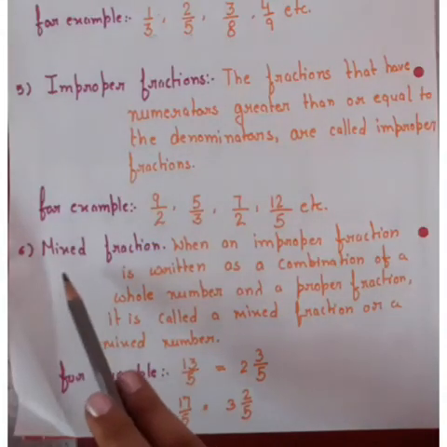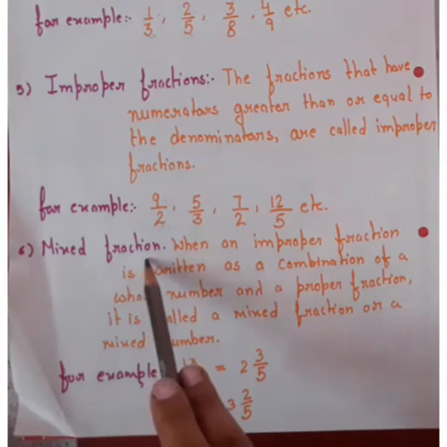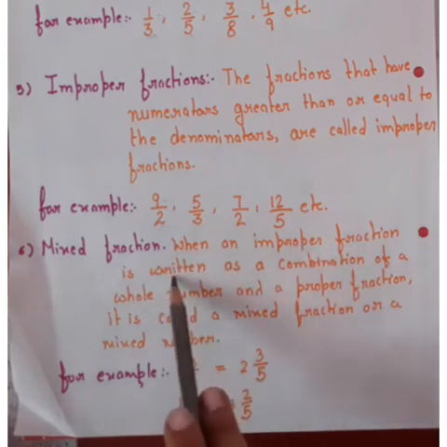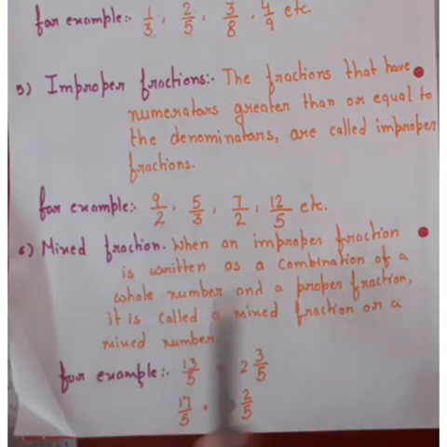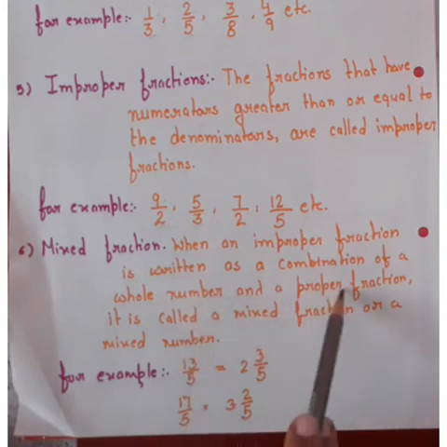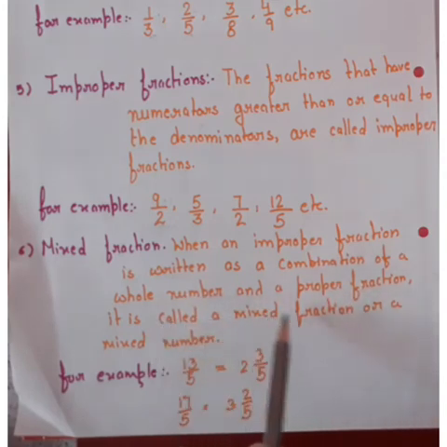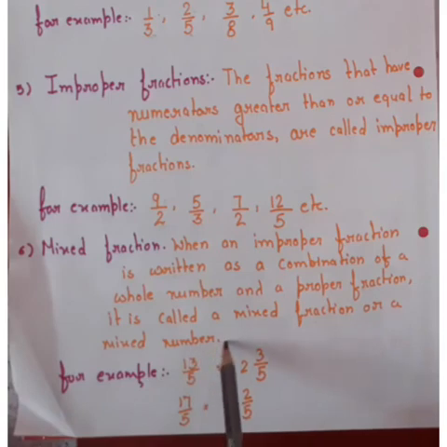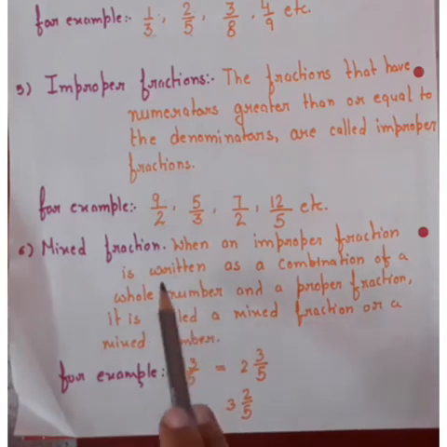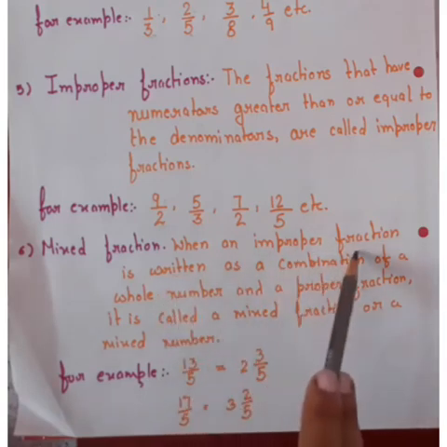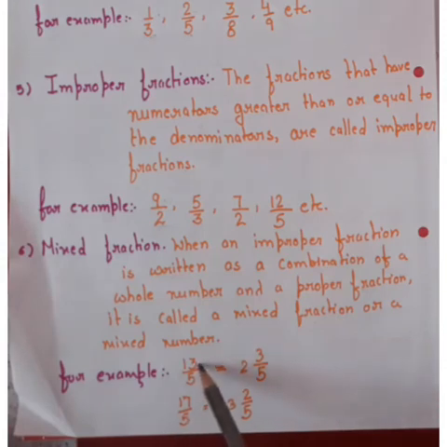And last, sixth is the mixed fraction. When an improper fraction is written as a combination of a whole number and a proper fraction, it is called a mixed fraction or mixed number. So what is a mixed fraction? Here I have taken an improper fraction, 13 upon 5. Why is it improper?